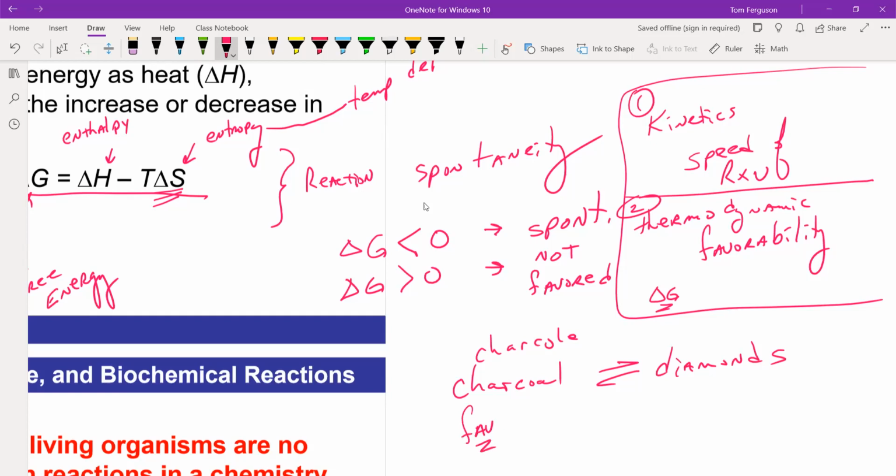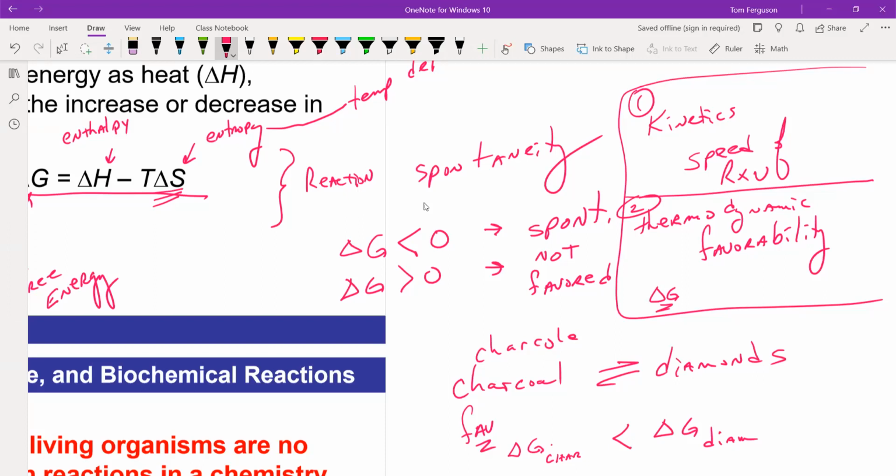That means its delta G is lower than the delta G for diamonds.